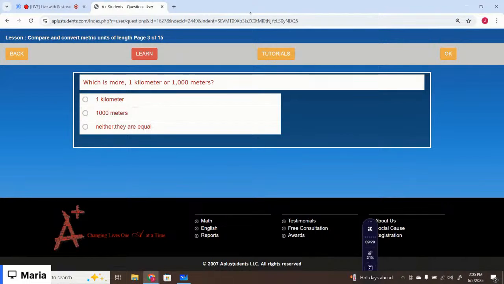Which is more, 1 kilometer or 1,000 meters? Neither, they are equal. The correct option is they are equal.